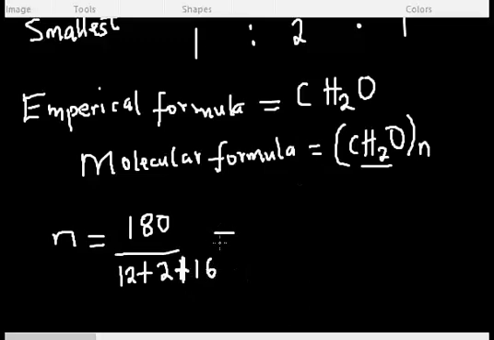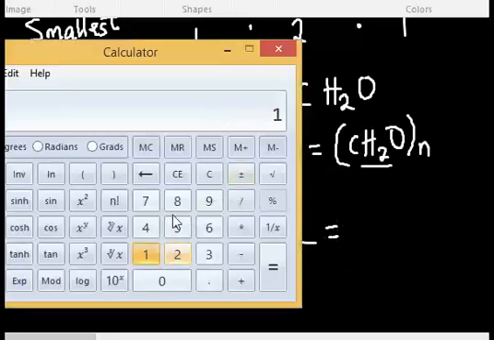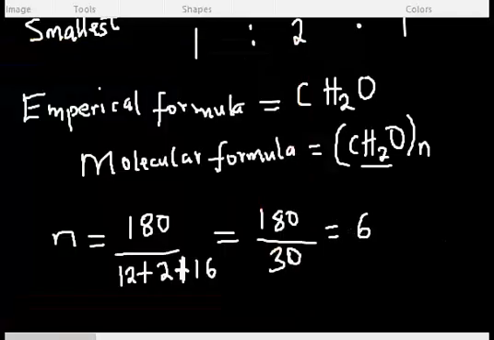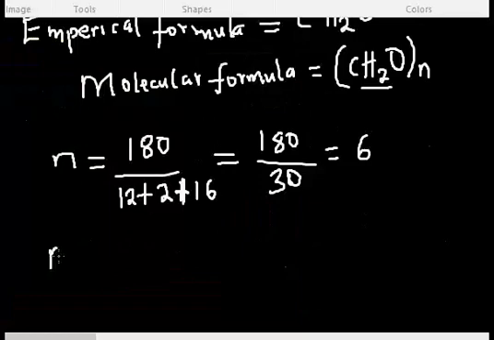So this is going to be equal to 180 divided by, this is 14 plus 16, and that should be 30. 180 divided by 30, that's 6.